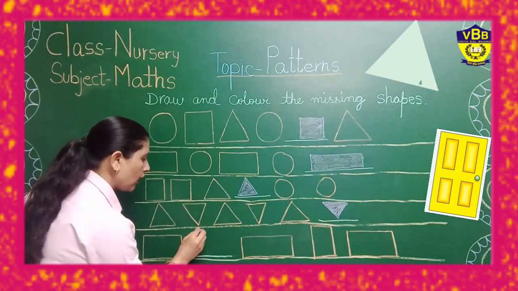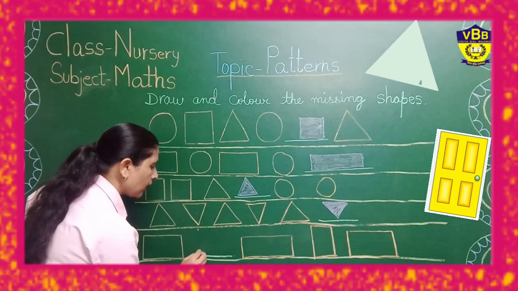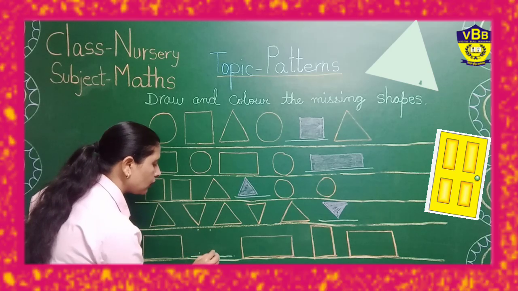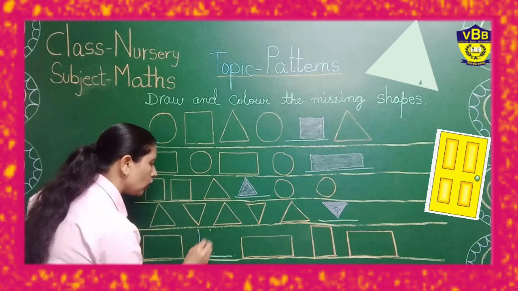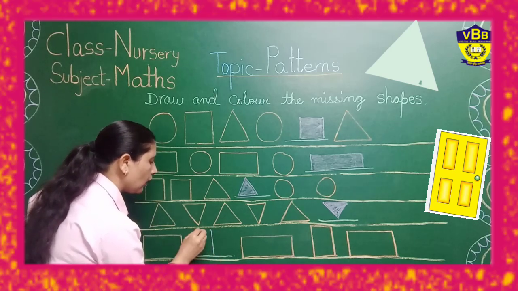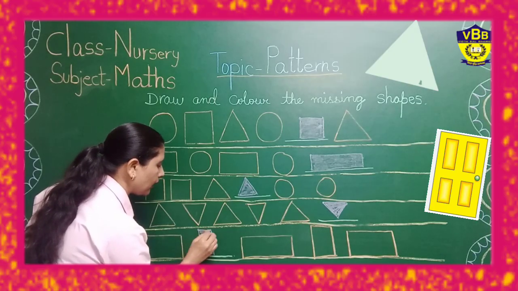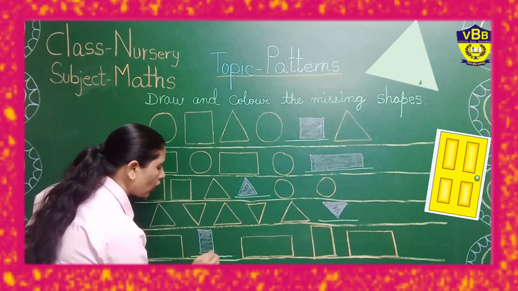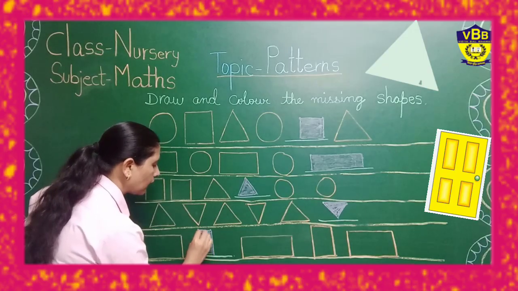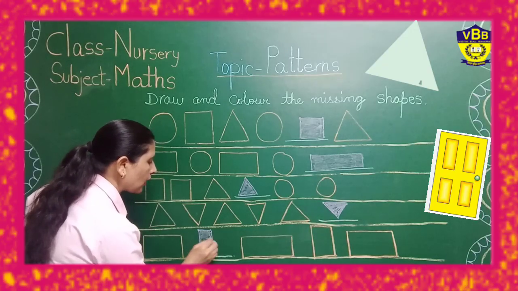Standing. So, how do we have to make it? 2 dots here and 2 dots here. We are going to make 2 standing lines and 2 sleeping lines, and we will color it like this. Don't forget to color, and color should not go outside.